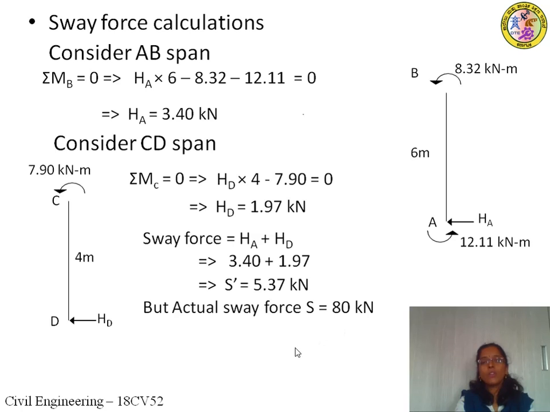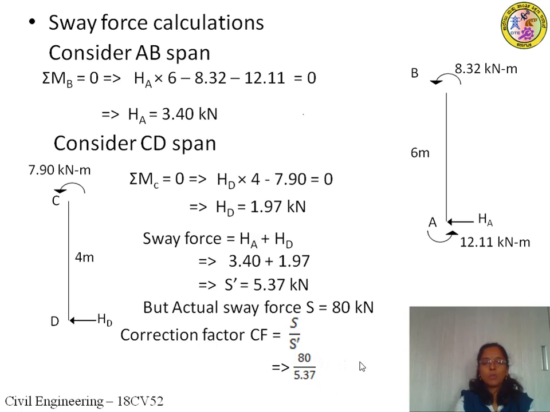Therefore we have to apply a correction factor. The correction factor is calculated as the ratio of actual sway force S to assumed sway force S dash, so S divided by S dash. Substituting, S is 80 and S dash is 5.37.